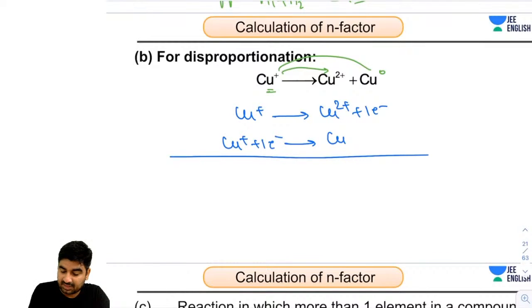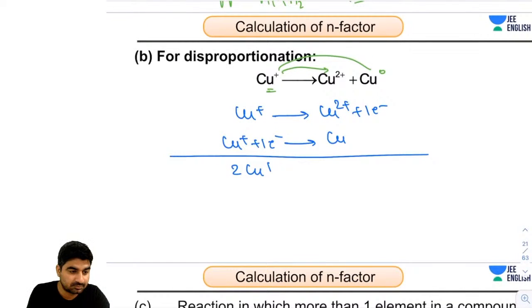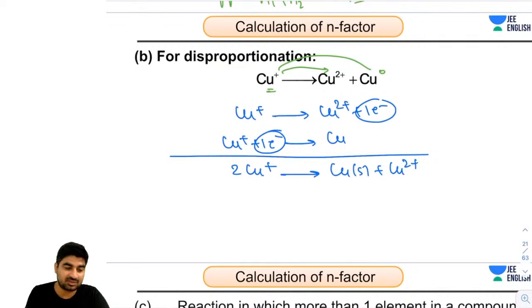Now just add them: Cu plus gives you solid Cu and Cu2 plus, right guys? Yes, Amy, you are right. There is only one electron that we are cancelling. So 1 by 2, 1 and 1.